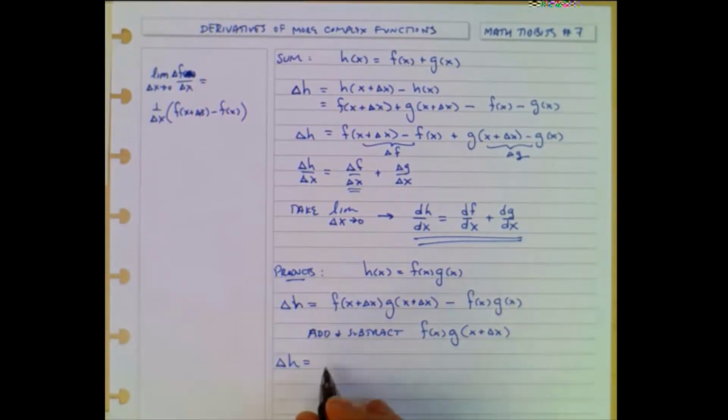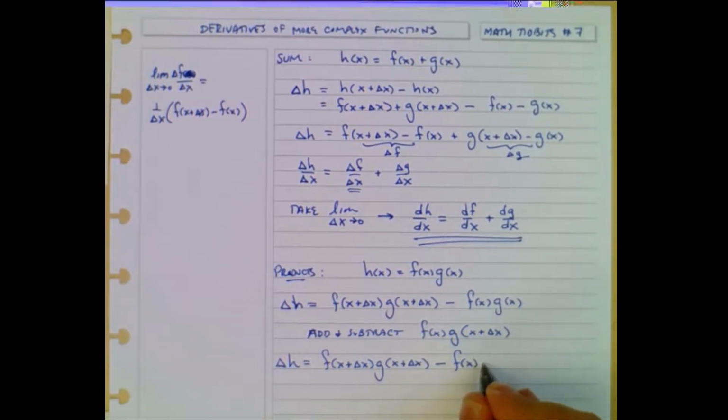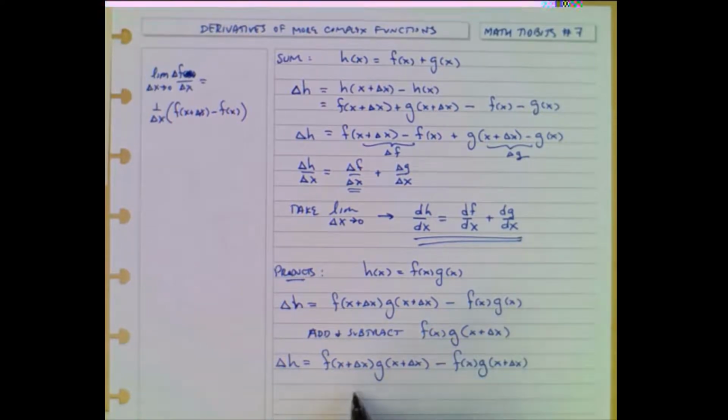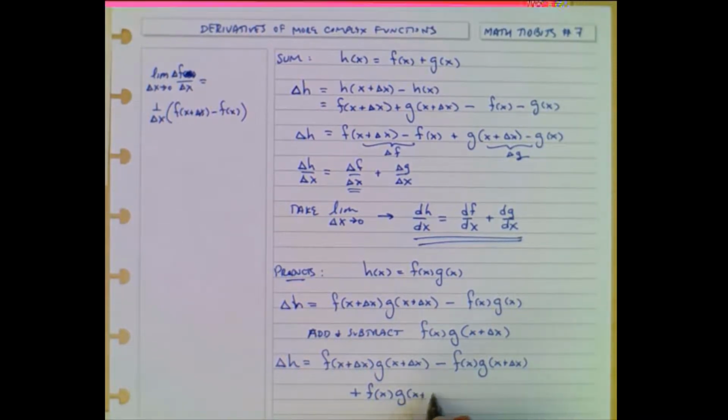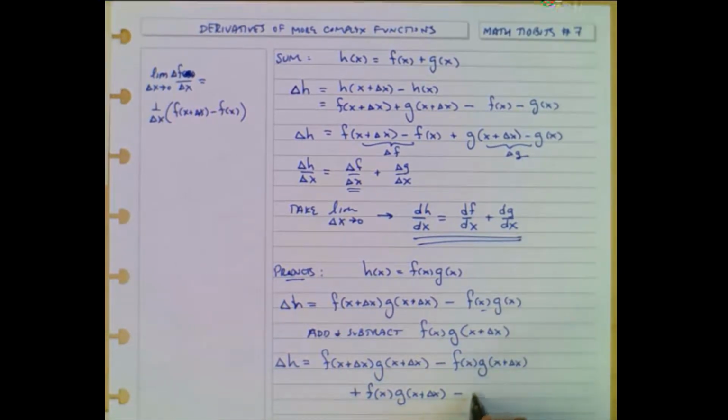So we'll do that. Delta h is f of x plus delta x times g of x plus delta x. I'm now going to subtract f of x times g of x plus delta x. I then have my corresponding addition of f of x times g of x plus delta x. And then the last term here is minus f of x times g of x.